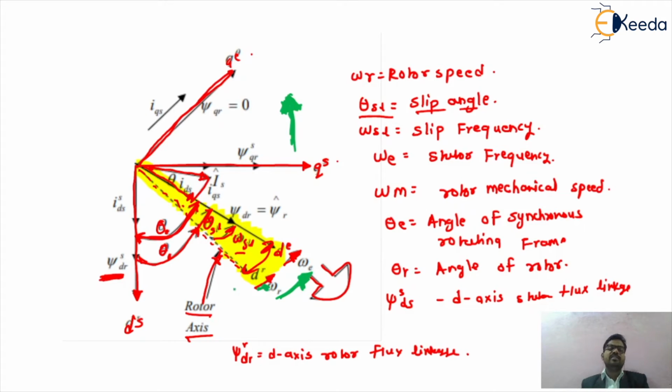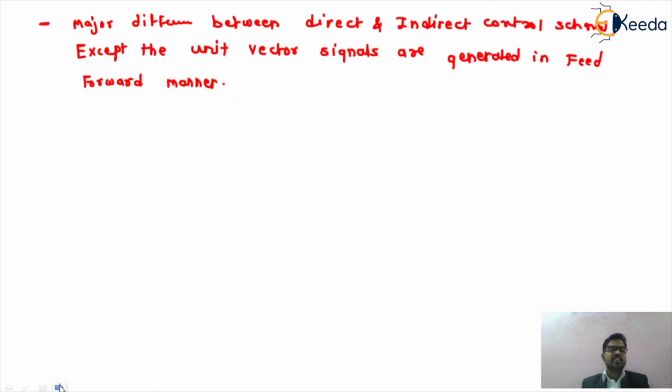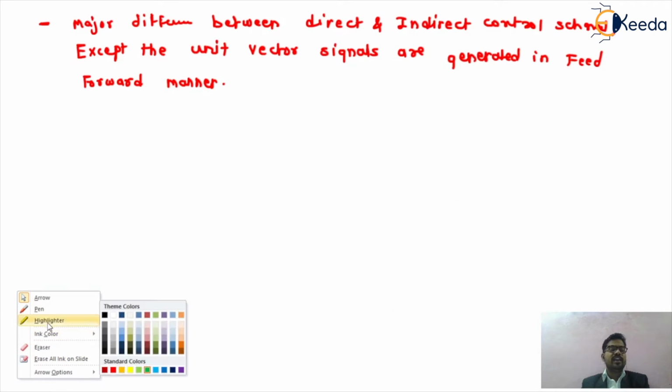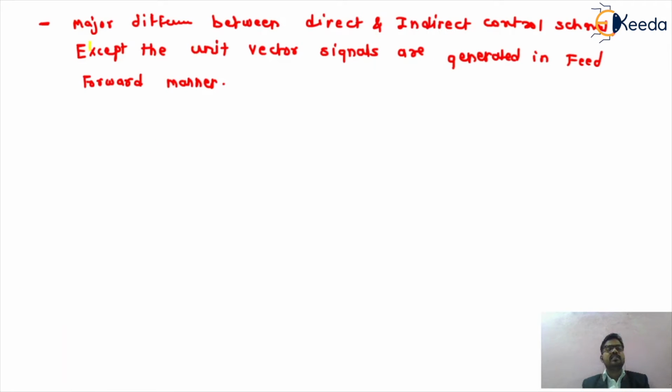So that will be the difference between direct vector control scheme and indirect vector control scheme. So friends, I think everyone has got a clear idea of what the difference is, in which the vector signals are generated in feed forward manner. That will be the only difference.